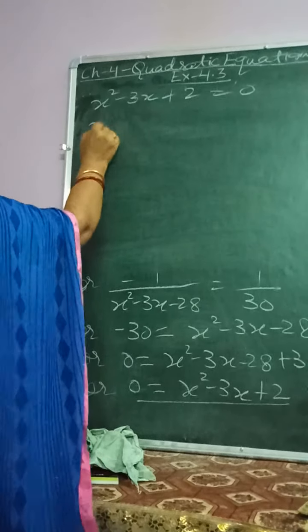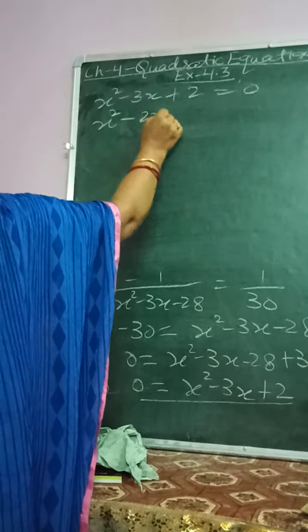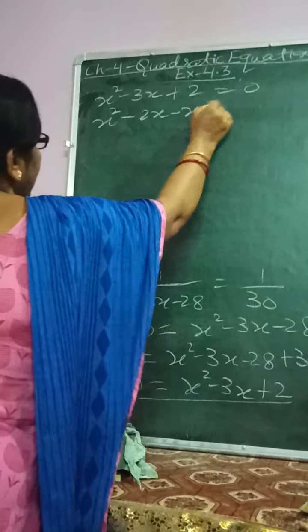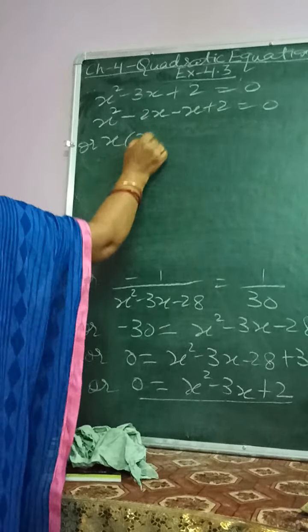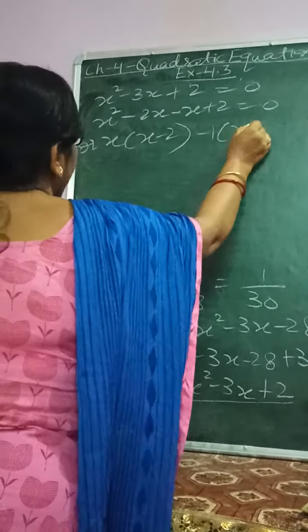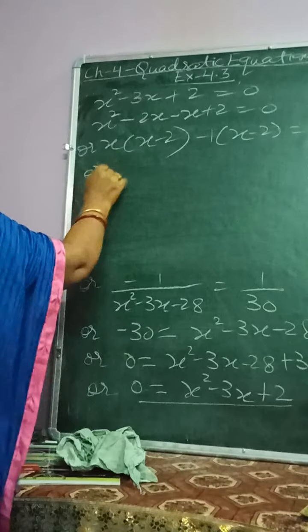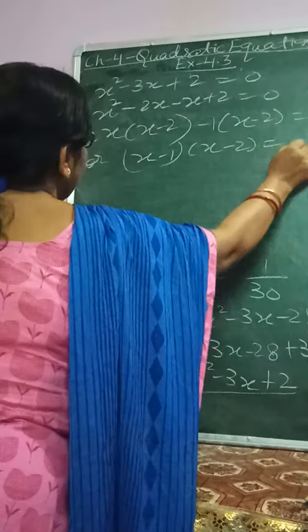Now factorization of this equation is possible. We can split the middle term as minus 2x and minus x and write like this. Or we can take x common from the first two terms and we get x into x minus 2, and if we take minus 1 common from the last two terms, we get this. Or we get x minus 1 and x minus 2 as the two factors.